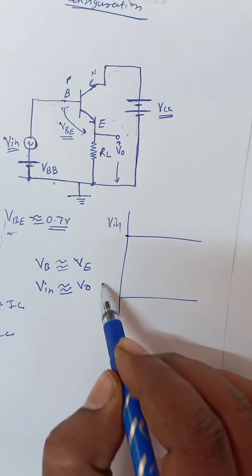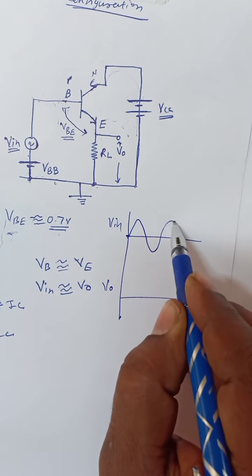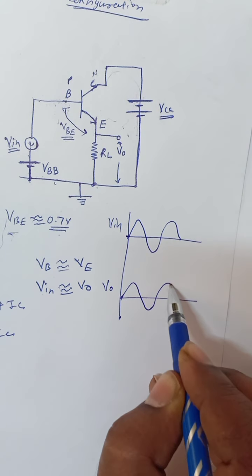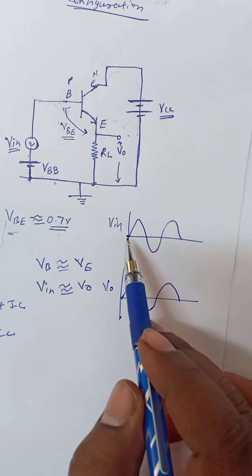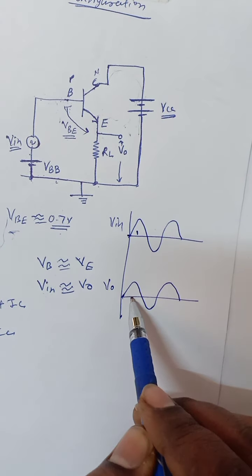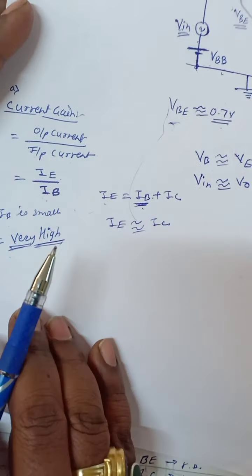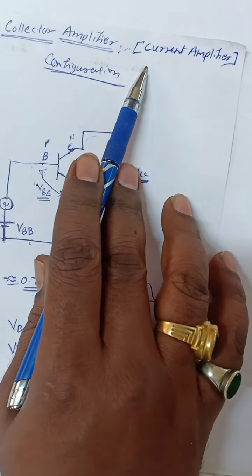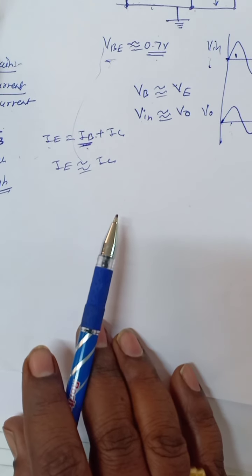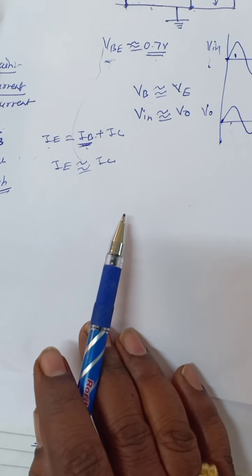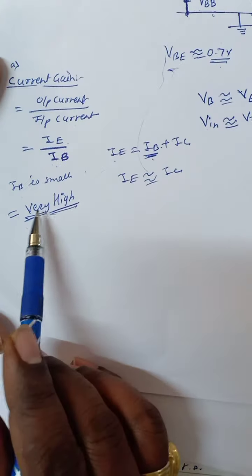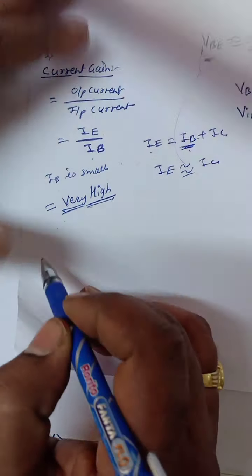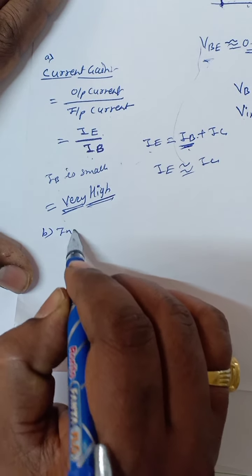If we plot input and output, we get the same. If a positive cycle appears, you get the output in the positive cycle. Keep in mind that the common collector amplifier is a current amplifier and common base is a voltage amplifier.